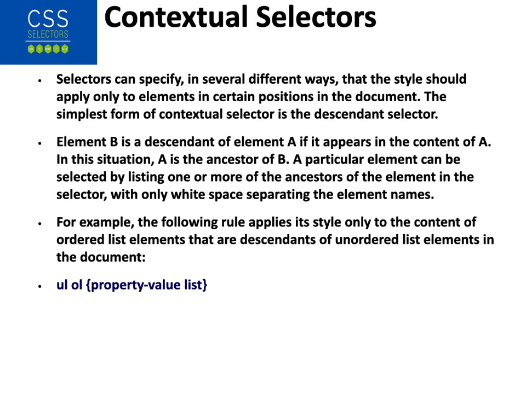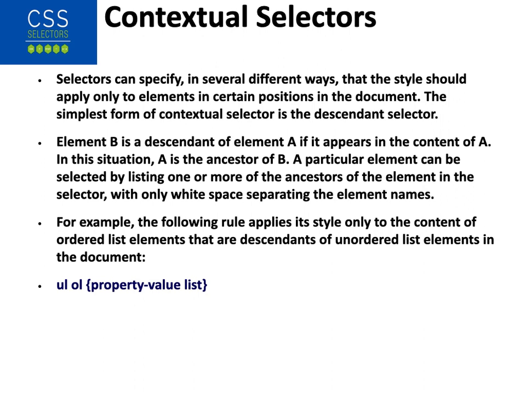Another important type of selector form is the contextual selector. Selectors can specify in several different ways that the style should apply only to elements in certain positions in the document. The simplest form of contextual selector is the descendant selector. We will see what descendant selectors are.